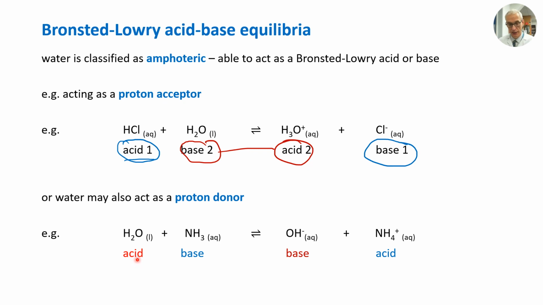So in red there is another conjugate acid-base pair. In this equation, ammonia, NH3, is accepting a proton to form the ammonium ion. So ammonia is acting as a base. But in the reverse reaction, the ammonium ion donates a proton to the hydroxide ion and reforms ammonia. So again, in blue we have a conjugate acid-base pair.